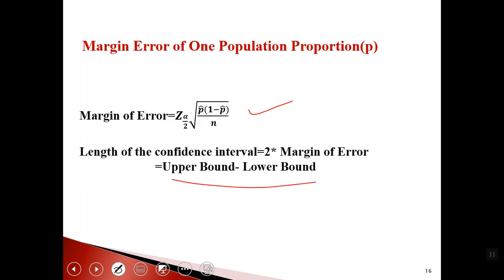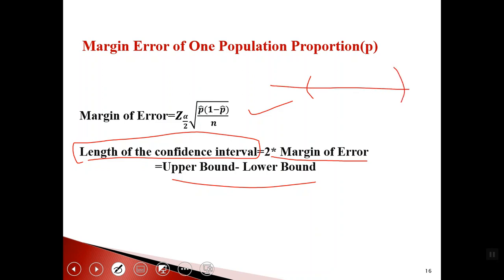If you need to find the length of the confidence interval, it is equal to 2 times the margin of error, which means the gap between these. This length is the length of the confidence interval, the width of this interval.